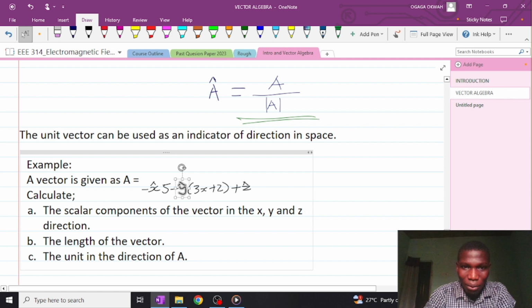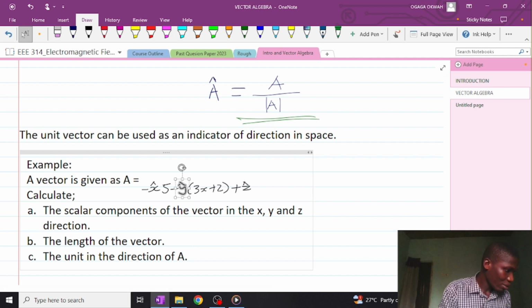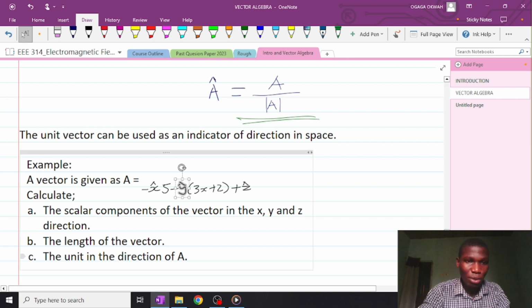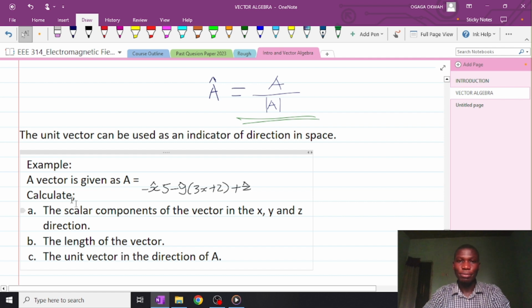Now, having this as a vector, what we have to calculate is the scalar component of the vector in the x and y direction, then the length of the vector, and then the unit vector in the direction of a. The unit vector, yeah, there should be a vector sign here. Unit vector in the direction of a. Good. Now, so let's go.